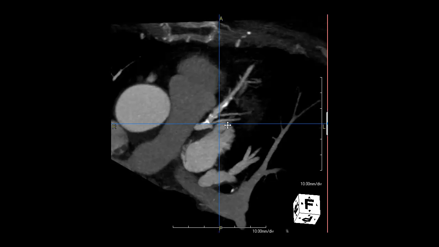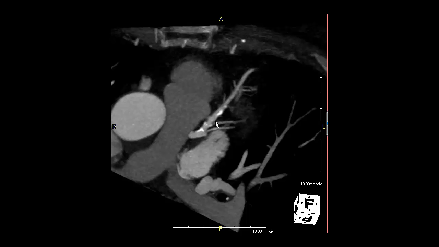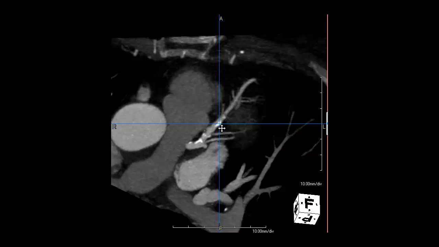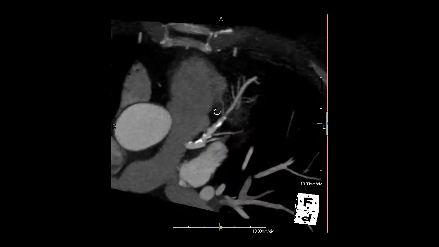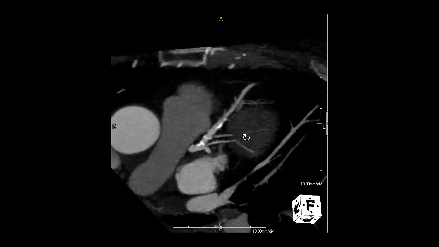If you want to call the next vessel up the D2, this appears to have either obstructive disease, possibly could be occluded, but it's very unclear, and you can't determine antegrade from retrograde flow in the adjacent vessel. Moving down into the distal left anterior descending, there is clearly some eccentric plaque in these areas.